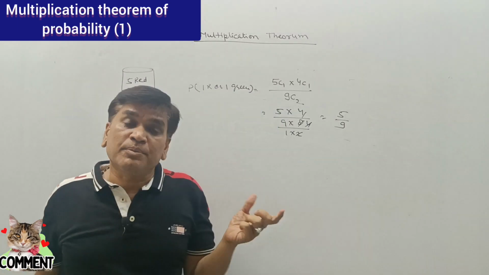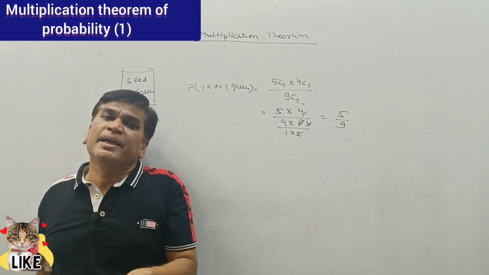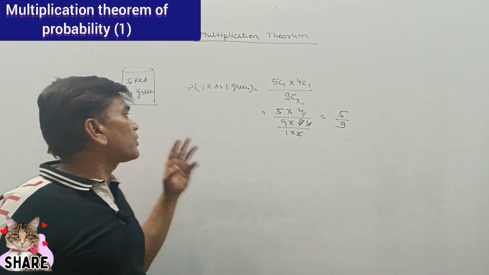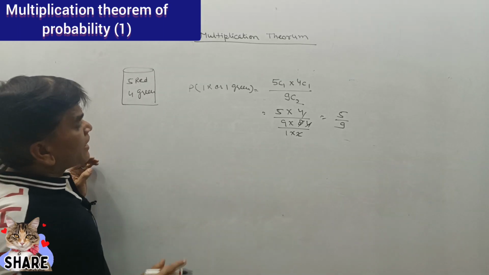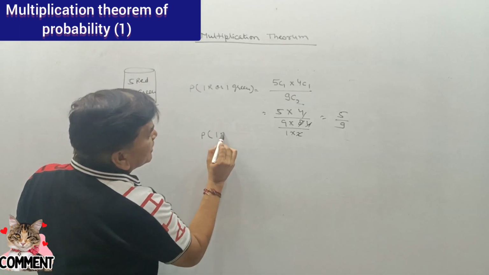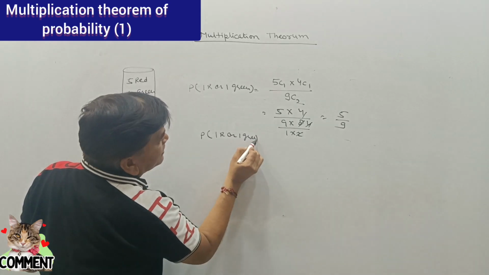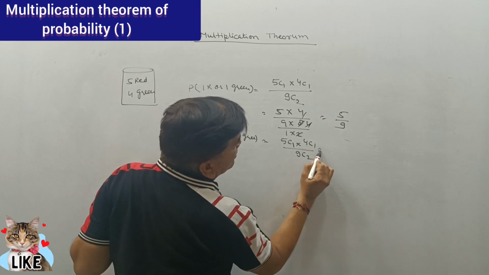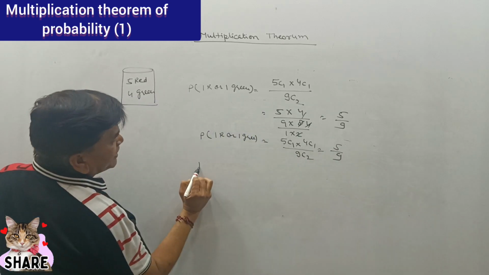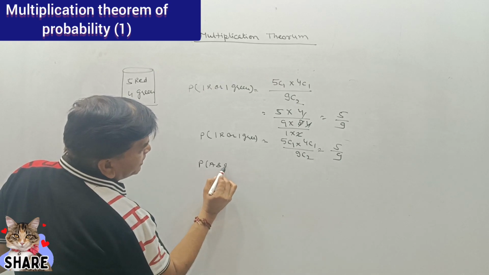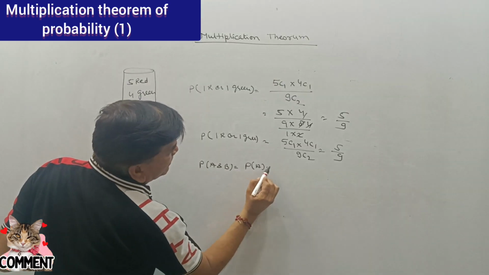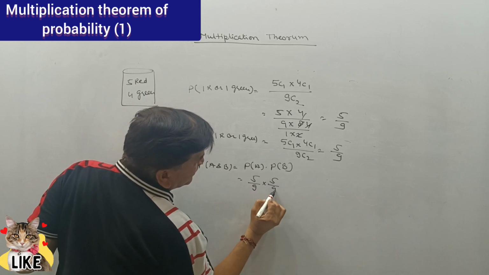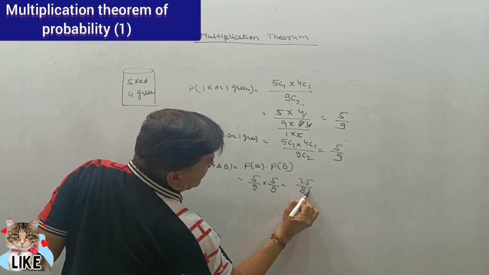If we put both balls back in the bag and draw 2 more balls from this bag, again we want 1 red and 1 green ball. So there also 5C1 multiply 4C1 upon 9C2, that is 5 upon 9. The probability of A and B is the probability of A multiplied by the probability of B, that is 5 upon 9 multiply 5 upon 9, which is 25 upon 81.